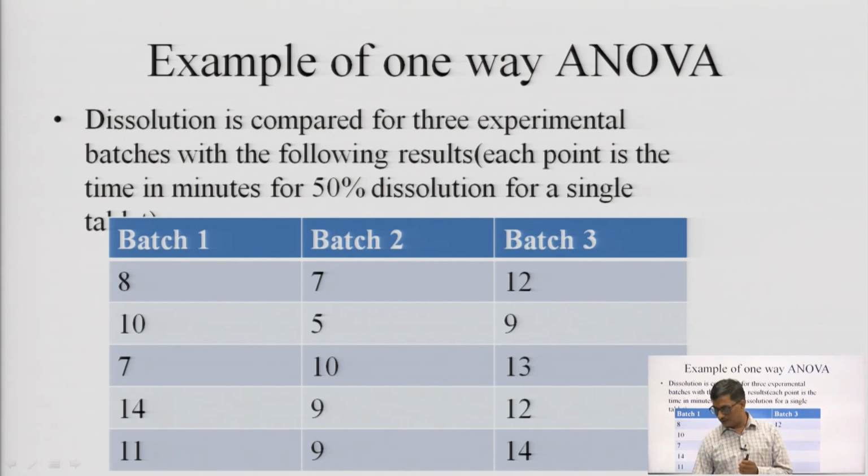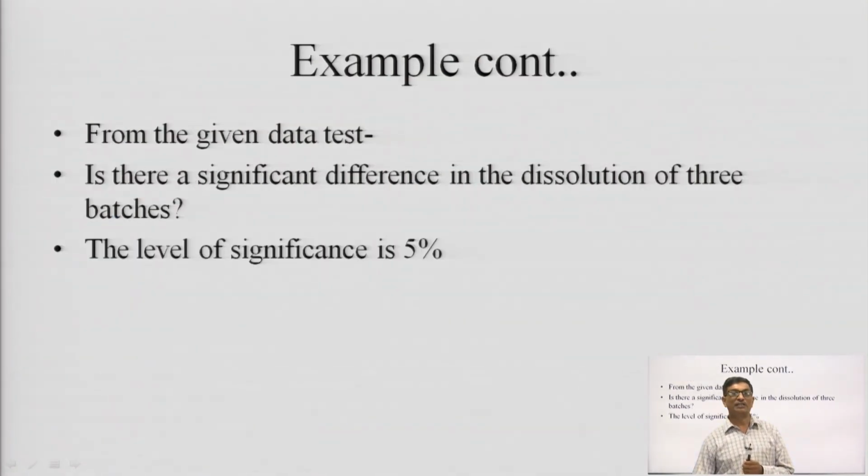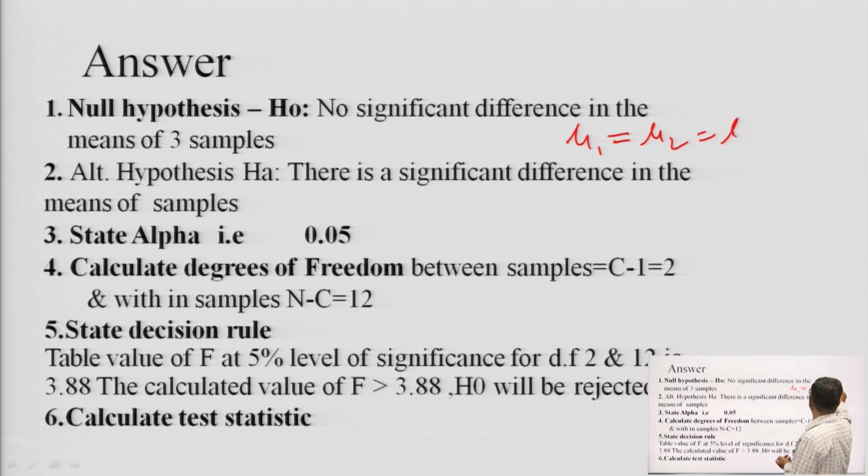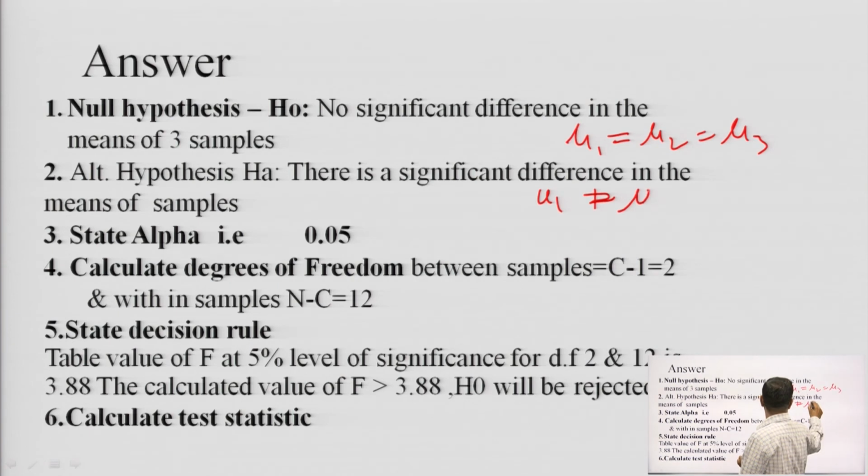For the given test, the problem is: is there a significant difference in the dissolution of 3 batches at the 5% level of significance? First, the null hypothesis: we consider there is no significant difference in the means of the 3 samples. So, we write mu 1 equal to mu 2 equal to mu 3, and the alternate hypothesis, mu 1 is not equal to mu 2 and it is also not equal to mu 3.